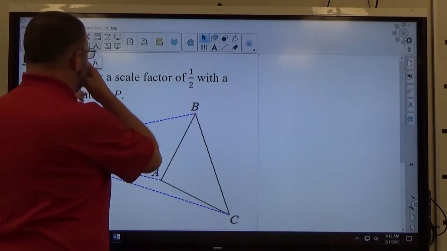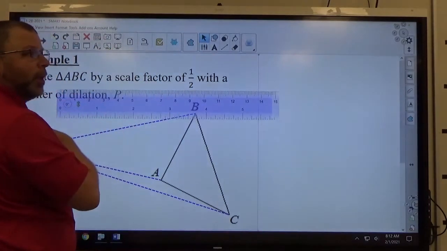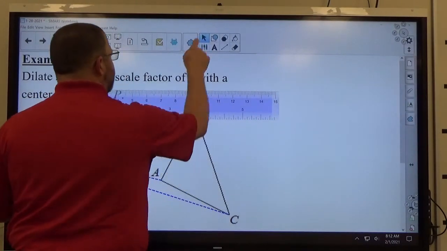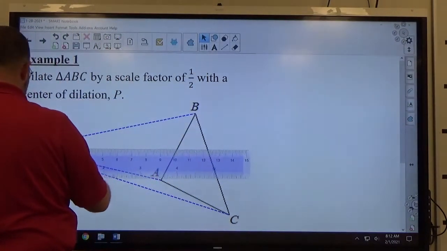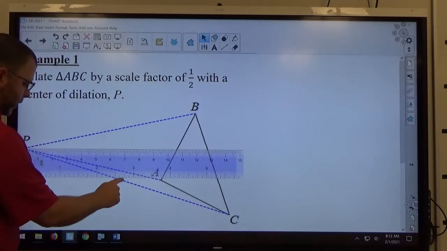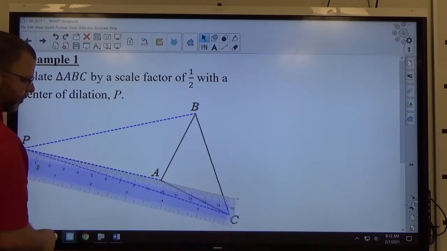So if we take our rulers out and measure these dashed lines, my measurements will not be the same as your measurements because our scales are different. But if you take your ruler and measure PA, position your 0 at point P and then straighten it up to point A and see where it goes.